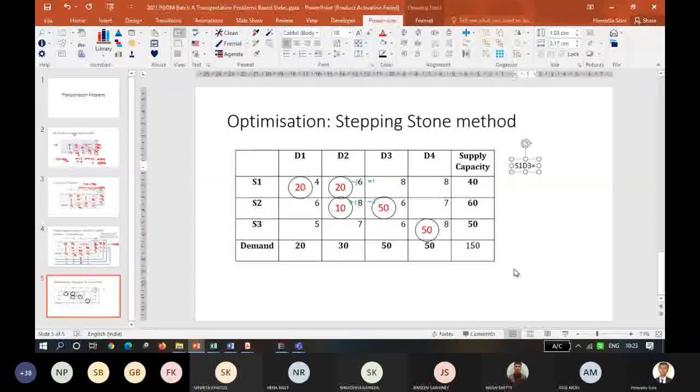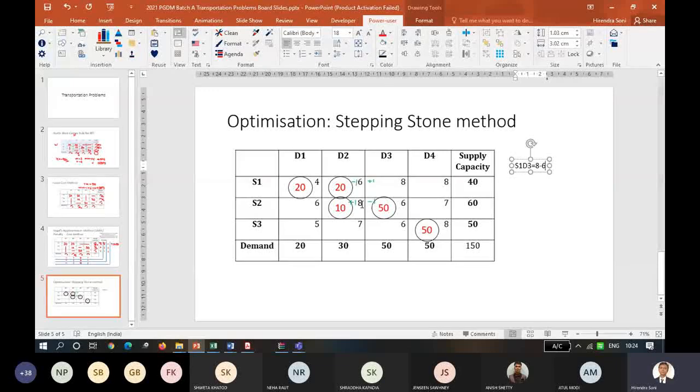So 8 rupees will get added up. When I am adding 8 rupees here, then 1 unit gets subtracted from this cell. So that means my cost will reduce by 6. So minus 6. If I am subtracting from here, I am adding here. So my cost is increasing by 8 rupees. So plus 8. And when I'm adding here, I'm subtracting from here. So minus 6. My cost will reduce by 6 rupees.